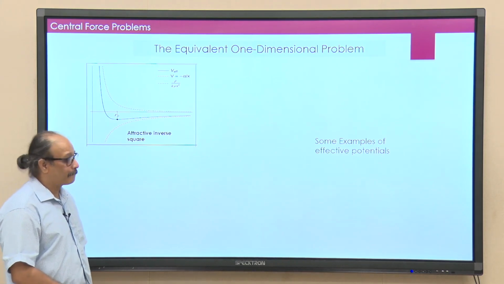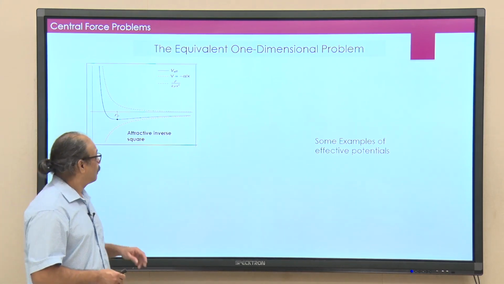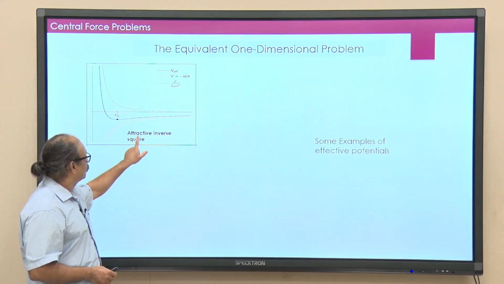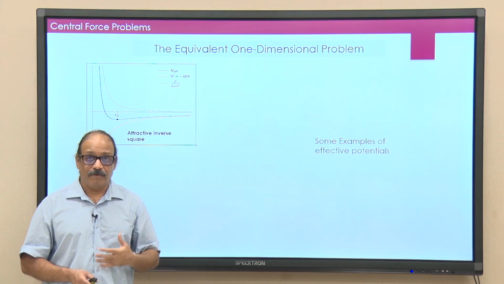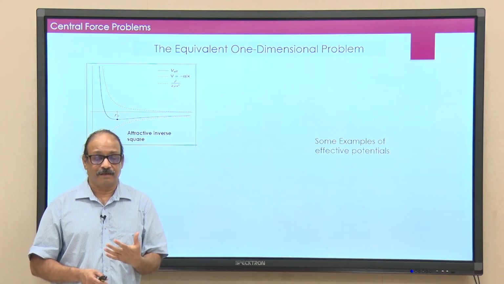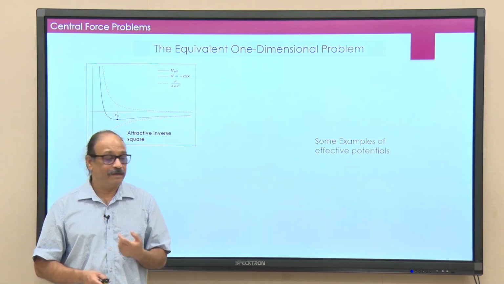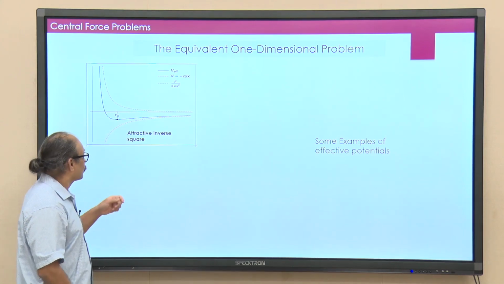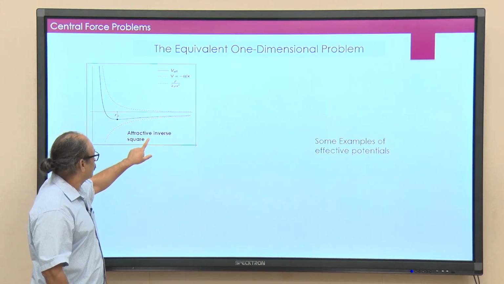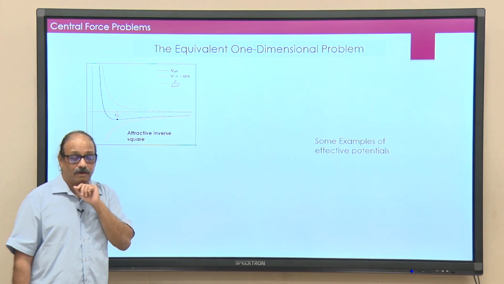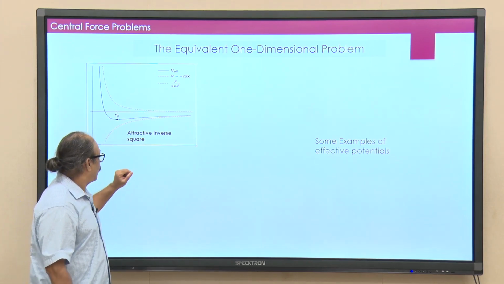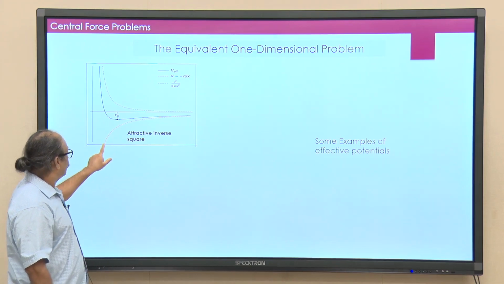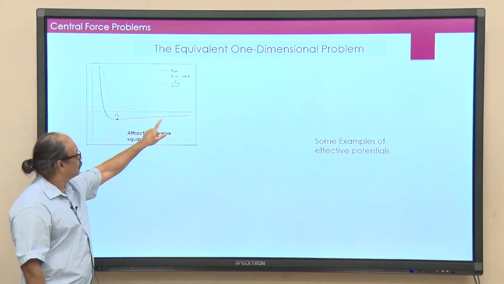Okay. Here are some examples of effective potential. So, first one I will calculate for inverse square potential. Remember, inverse square potentials always have a special place in the theory of central forces. So, here the potential is of the form 1 over r, and that potential I have drawn here using this orange line.